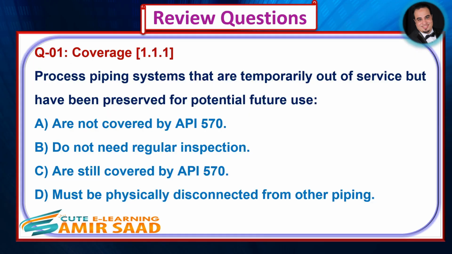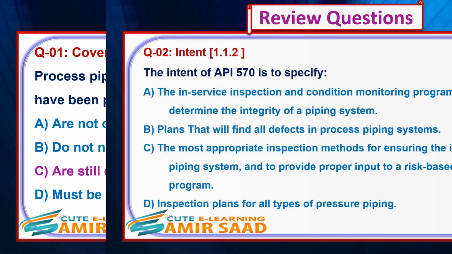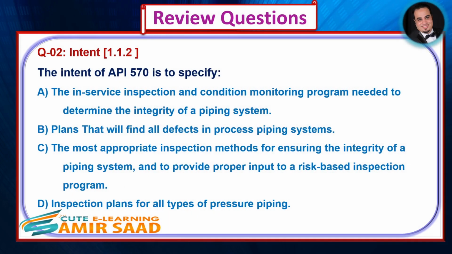Review questions. Question number 1. Process piping systems that are temporarily out of service but have been preserved for potential future use. Answer is C. Question number 2.